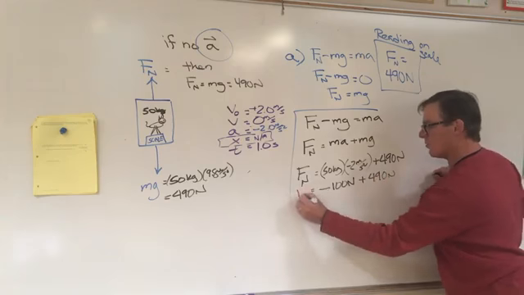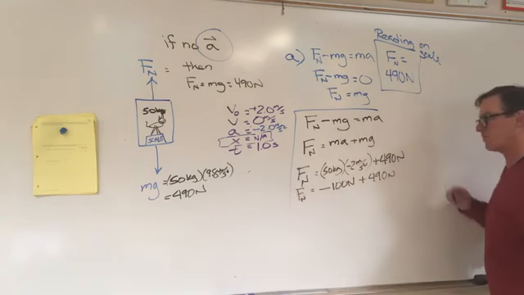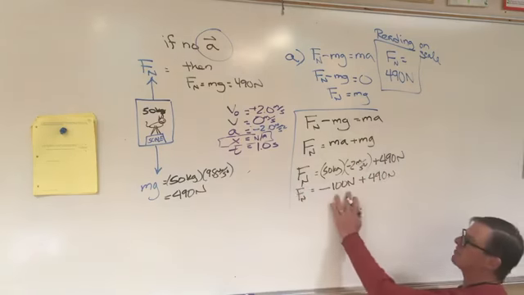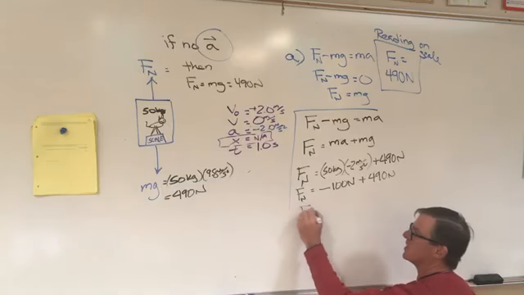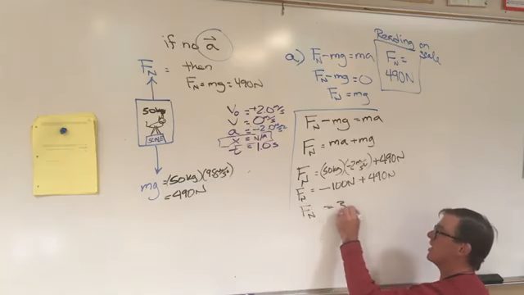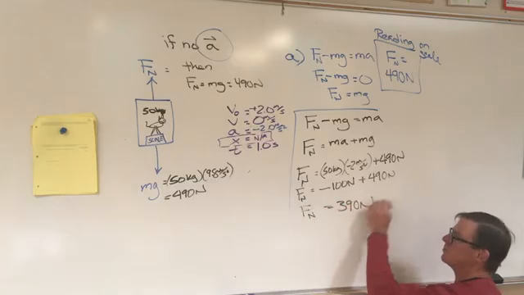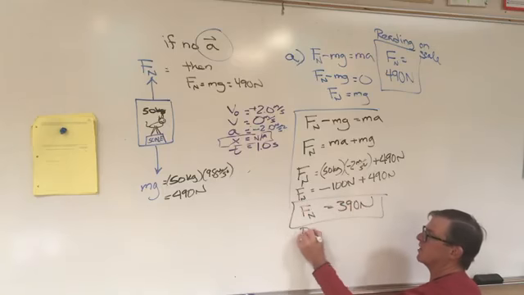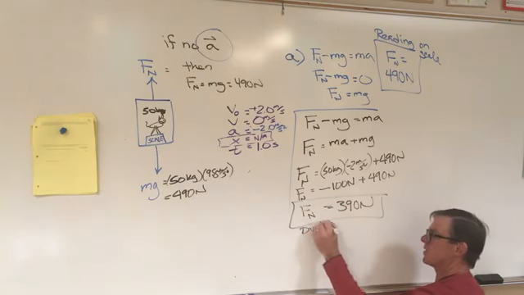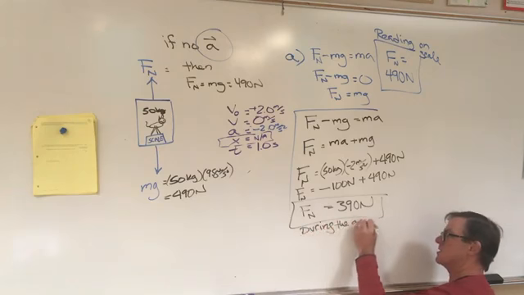So the normal force exerted by the scale is -100 plus 490, which of course is 390 newtons during the acceleration.